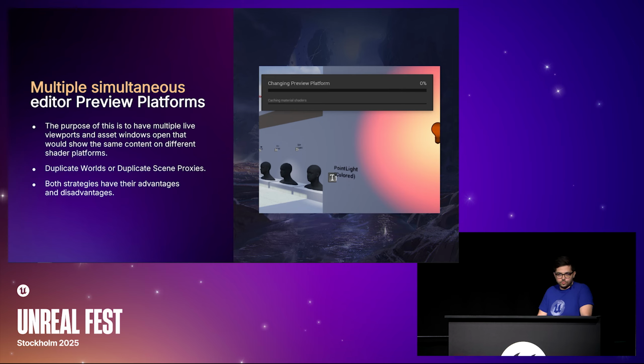And we don't want multiple scene proxies to leak into the runtime. We don't need multiple scene proxies in runtime. We just want one set for that shader platform. So yeah, both strategies have their positives and advantages, but currently we're targeting the scene proxies, but don't have an ETA for this. It's a bit more in early development.